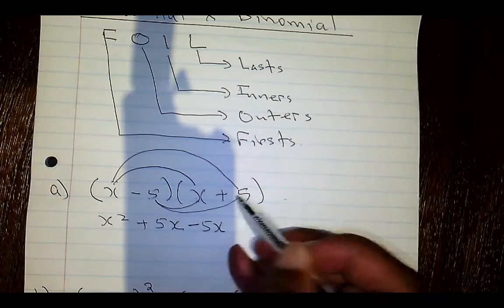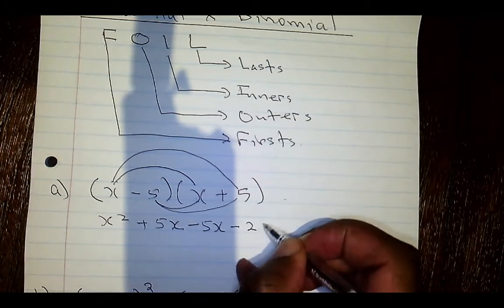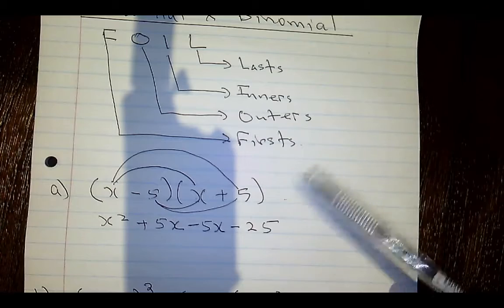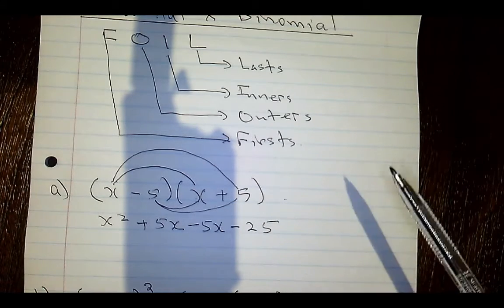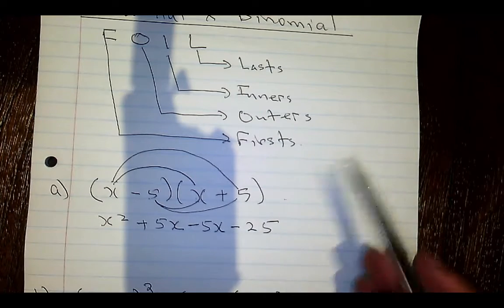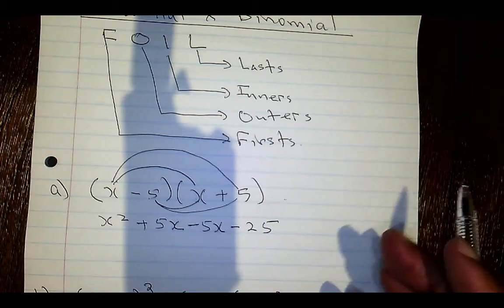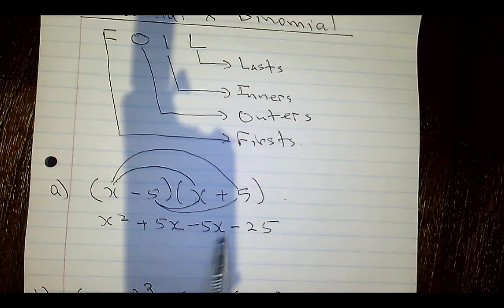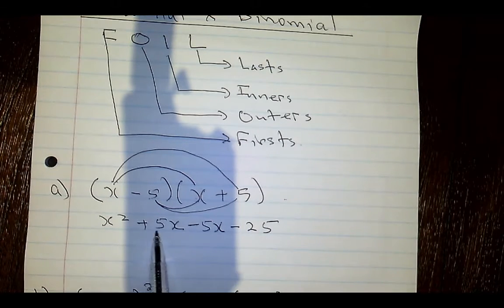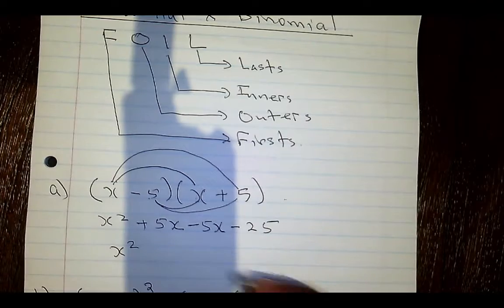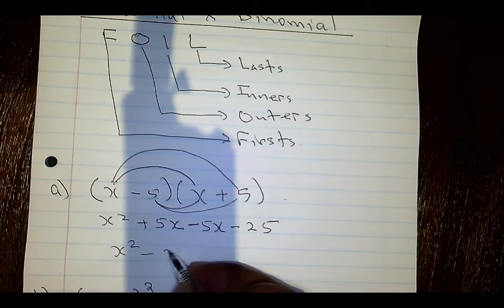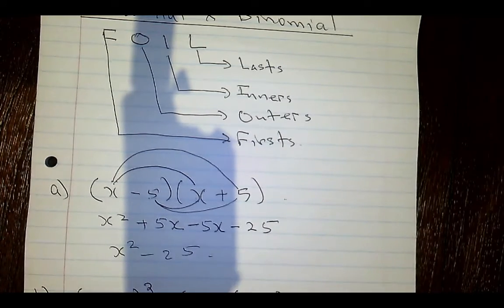Right, so multiply these together, you get a minus 25. You may need to continue drawing these shapes so that you don't make a mistake. But if you know how to multiply straight away without drawing the moon, that's fine. Then look out for like terms and simplify. I can see here that these are like terms, and these two will actually give us 0. So the final answer will be x squared minus 25 for this question.